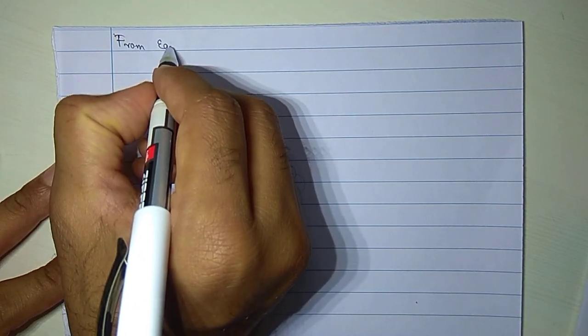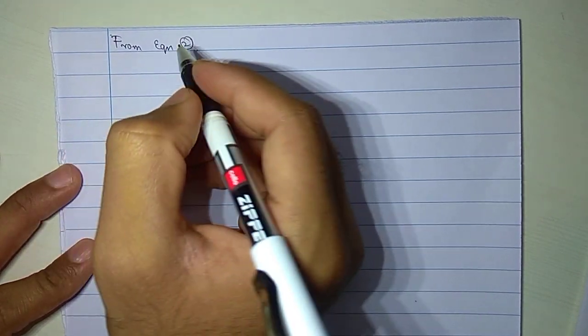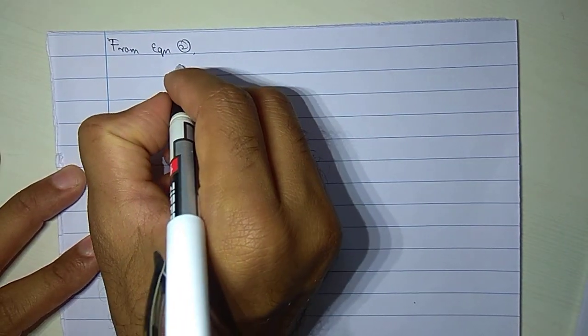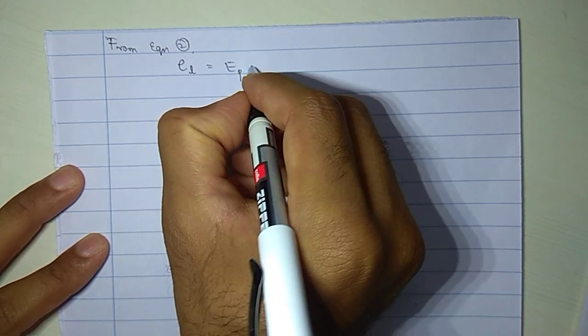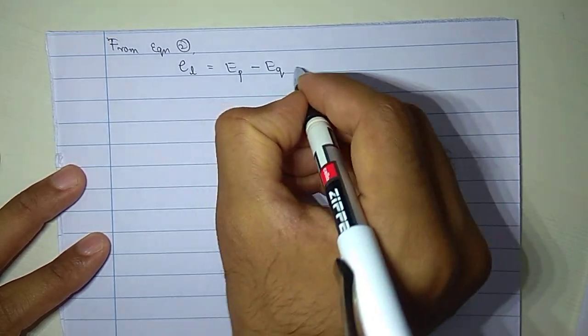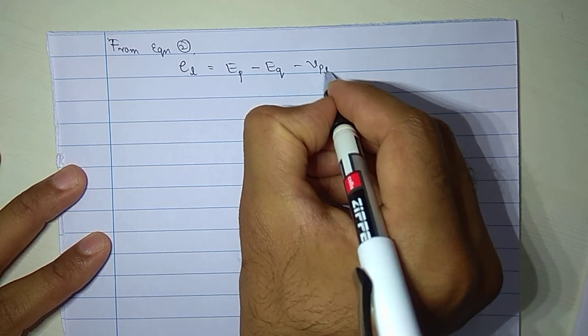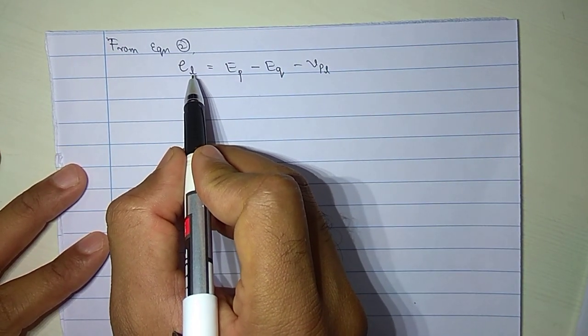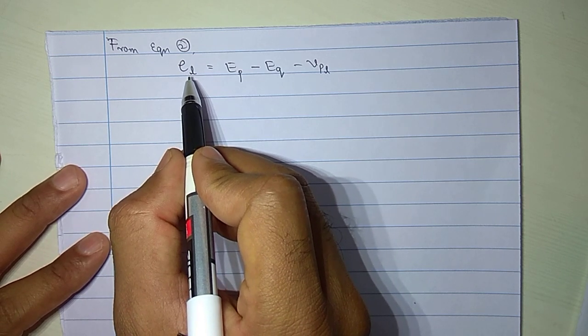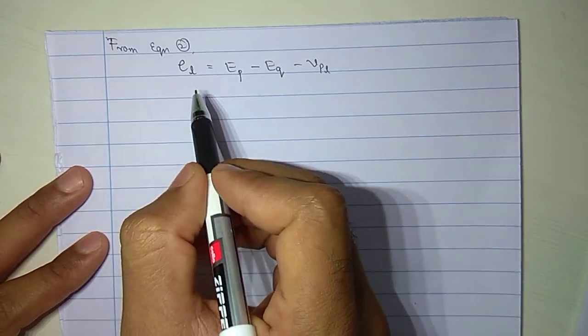Now further we'll continue the derivation. Look at equation number 2. We have written EL equal to EP minus EQ minus VPL. This equation I have written by referring to figure D. Okay.